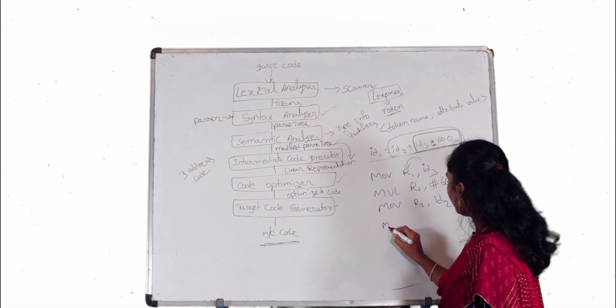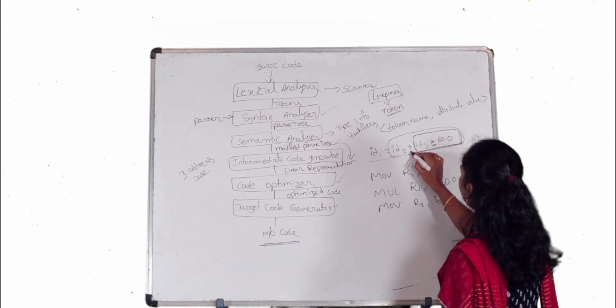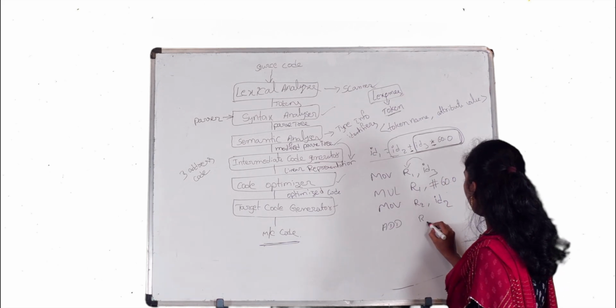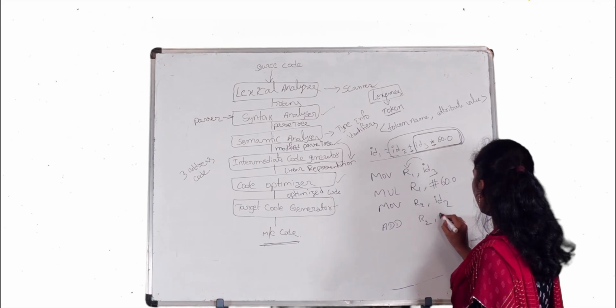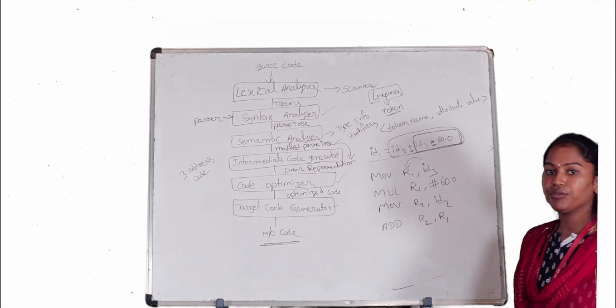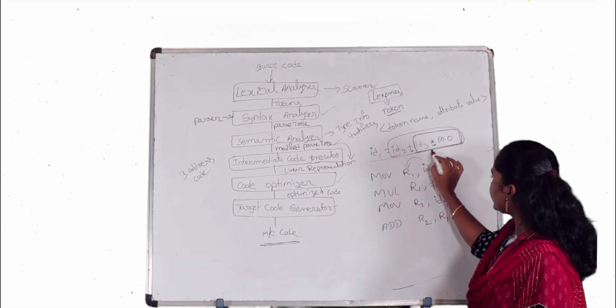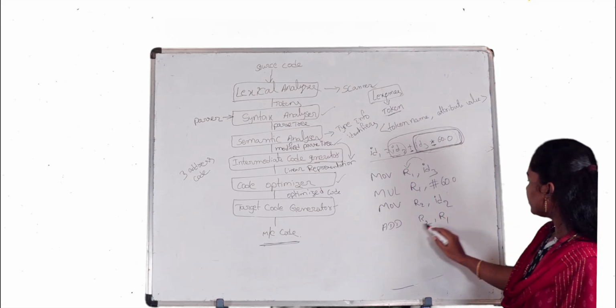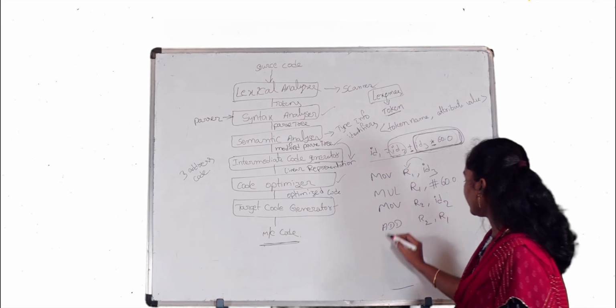Next, the operation we have to perform is addition. So that is add R2 comma R1. Now we perform the addition for ID2 and this other variable.